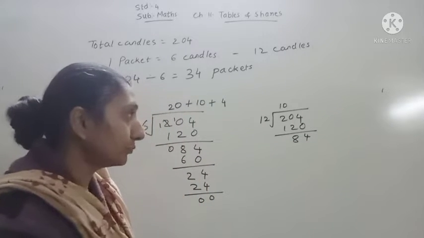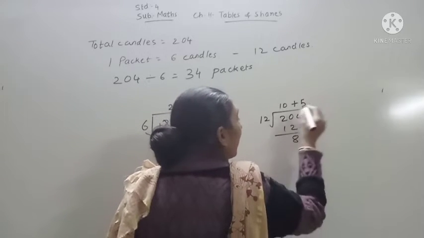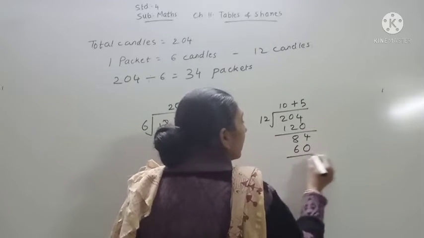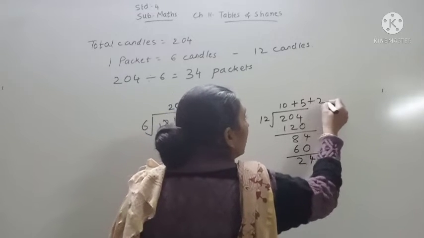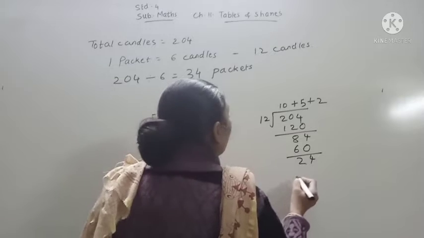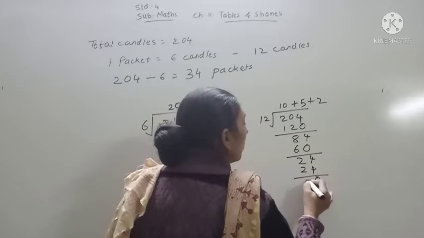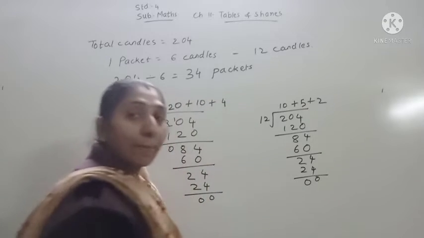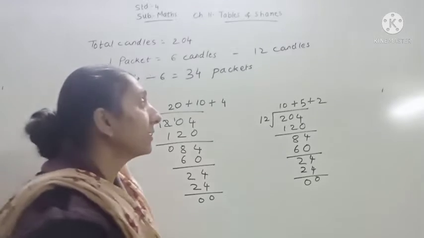84 remaining. 12 5s are 60. 24 left, 12 2s are 24. 0 0. So how many packets are needed if there are 12 candles in one packet?